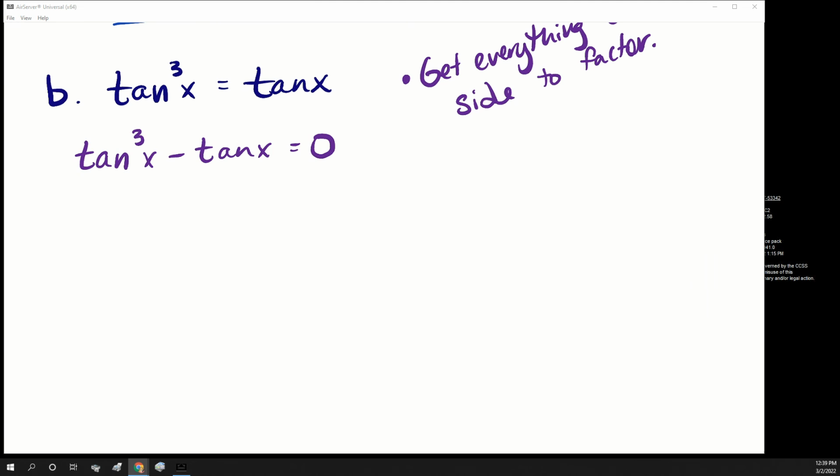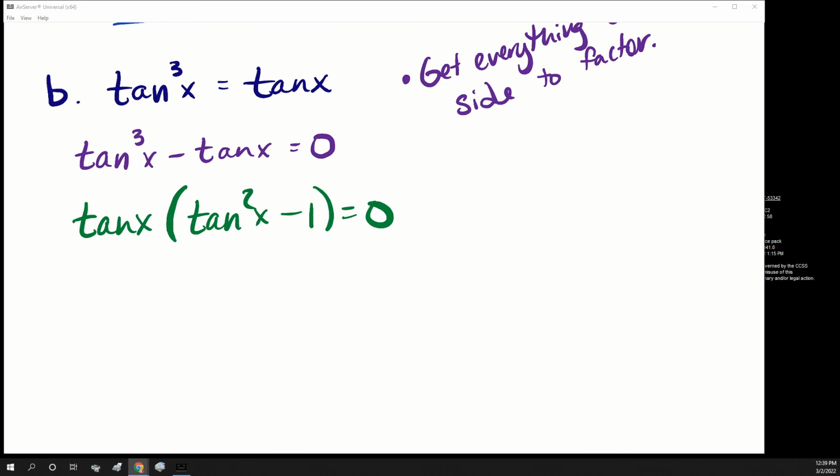So how are you going to factor this? Right. Factor out a common factor, which is the tangent of x. Okay, so try to think back to when we were factoring a long time ago.